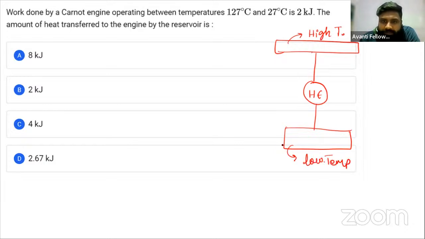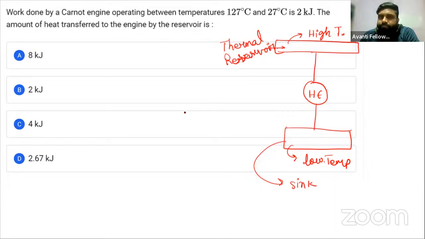This low temperature source of heat is termed as sink, and this is termed as thermal reservoir, or hot reservoir you can say. Okay. And this is the work done itself.